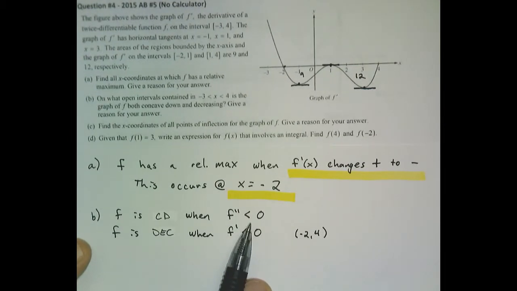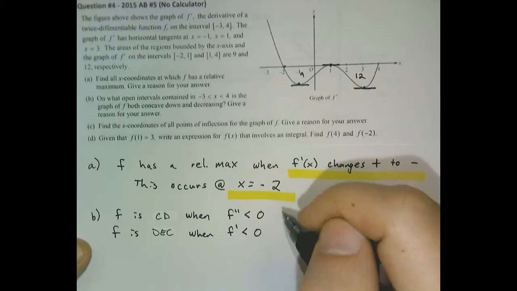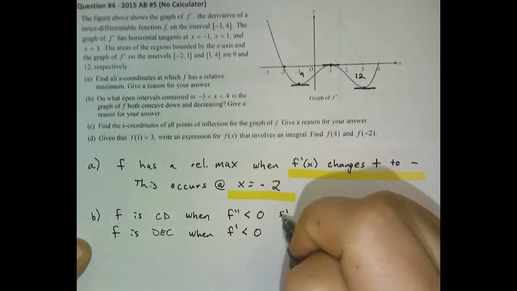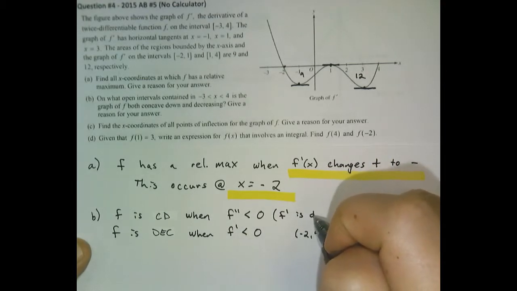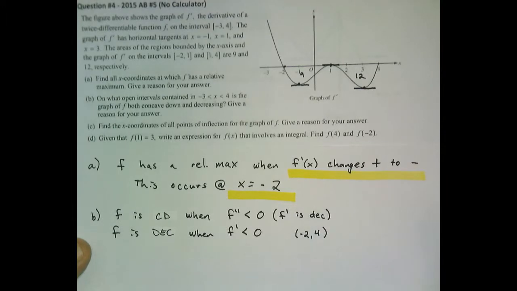F prime prime is negative is the same thing as saying f prime is decreasing. So that happens on the intervals -3 to -1 as well as 1 to 3.